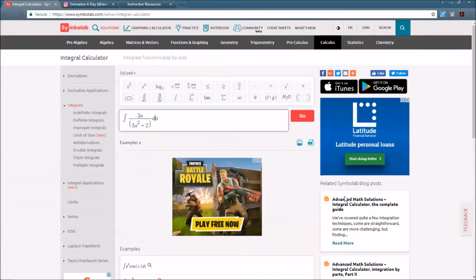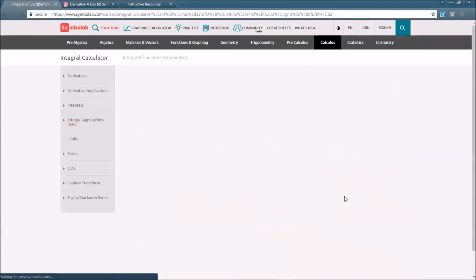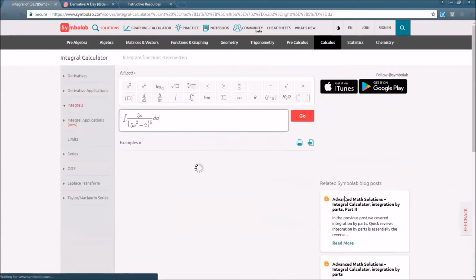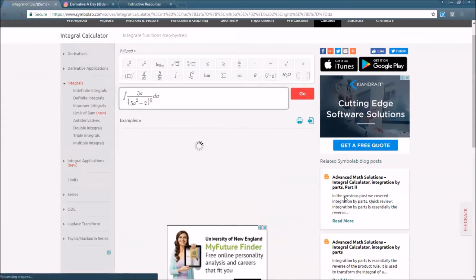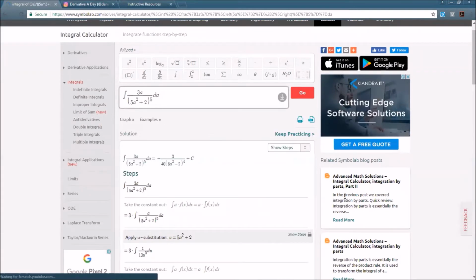Symbolab, what are you doing? Now, what am I doing? It's not the computer, it's me. So 3a over 5a squared plus 2. Just double checking, yep. See if we got the right answer. I think that went smoothly, so I'm pretty sure it is all correct.